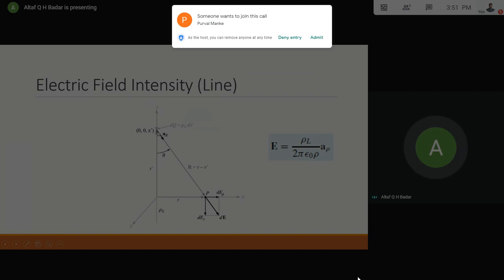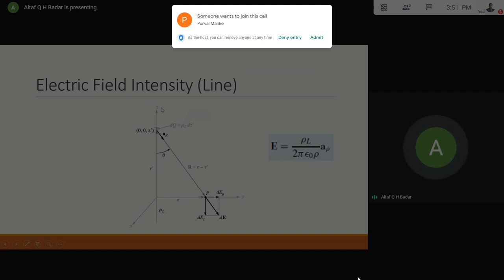Once we have done this, we also assume that the total charge at this particular junction is given by dq, which is rho L into dz. Once we have found this dE, we can integrate the whole thing from negative z to positive z.